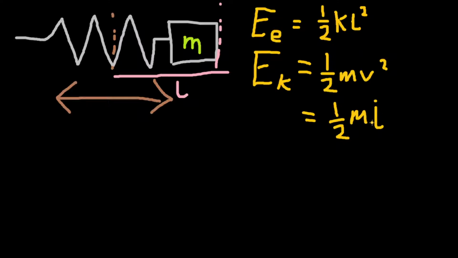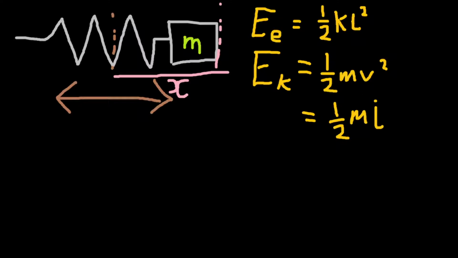I don't like that, that looks like an I. Let's call this, instead of L, let's call it X. Again, it's just a dummy variable, it doesn't really matter what I call it. 1/2 kx squared.